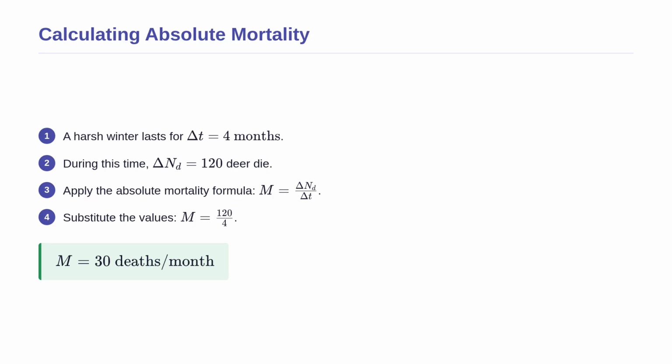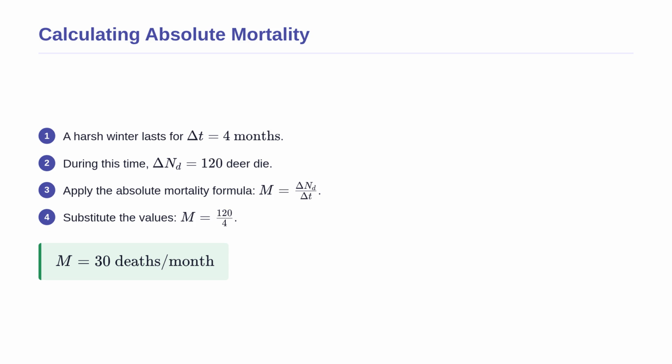Let us see how this absolute mortality formula works during a harsh winter. A wildlife manager observes a deer herd over a winter season that lasts for 4 months. By spring, 120 deer have died due to starvation and cold. We want to find the absolute mortality rate per month.